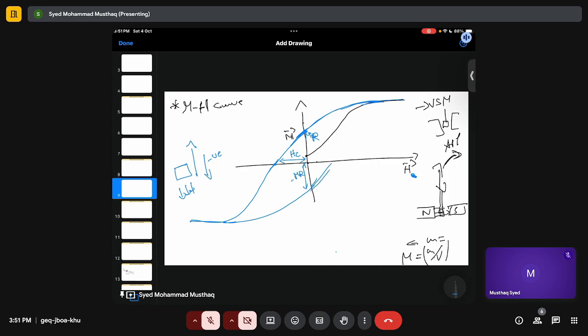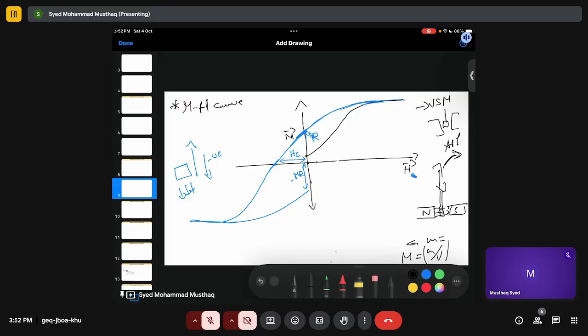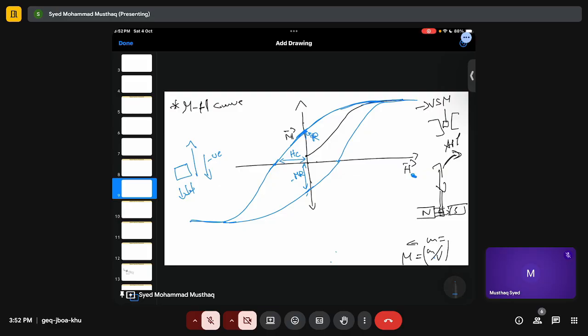Now if I want to make M 0 in the opposite direction, now all my spins are facing down, I do not want that, I want to make it 0. To do that, I will increase the field again and reach the same value, the saturation.